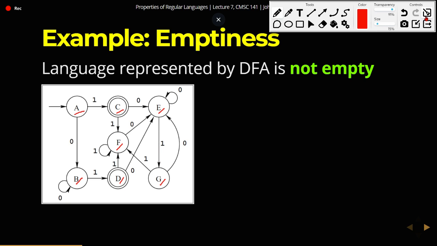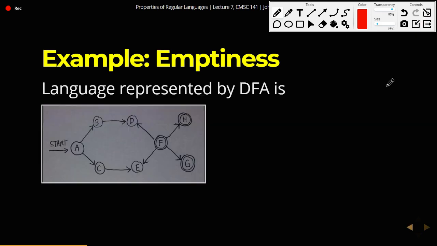Okay, now let's see for this DFA if it's empty or not. Let's see what the reachable states are. Starting from start state A, we can reach B, and from B we can reach D, but that's it, right? Because D doesn't have any outgoing edges. From A we can also reach C, and we can also reach E, but that's also it, because there is no way to reach F starting from the start state.